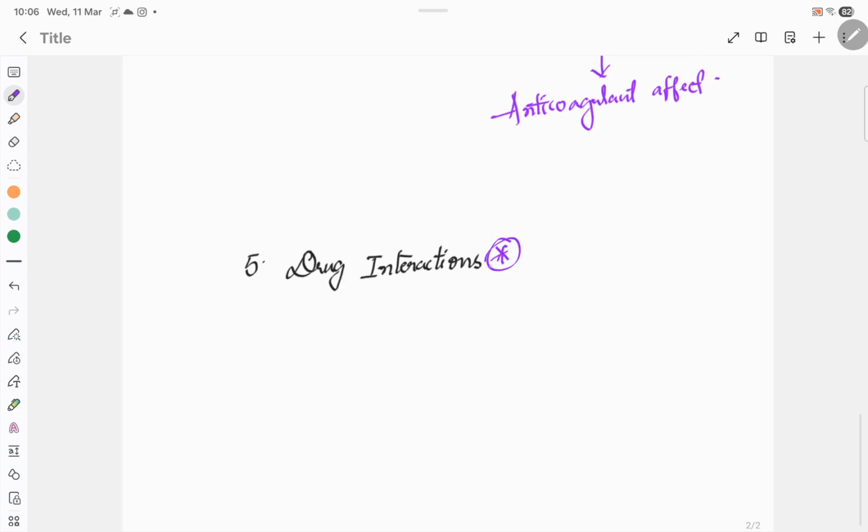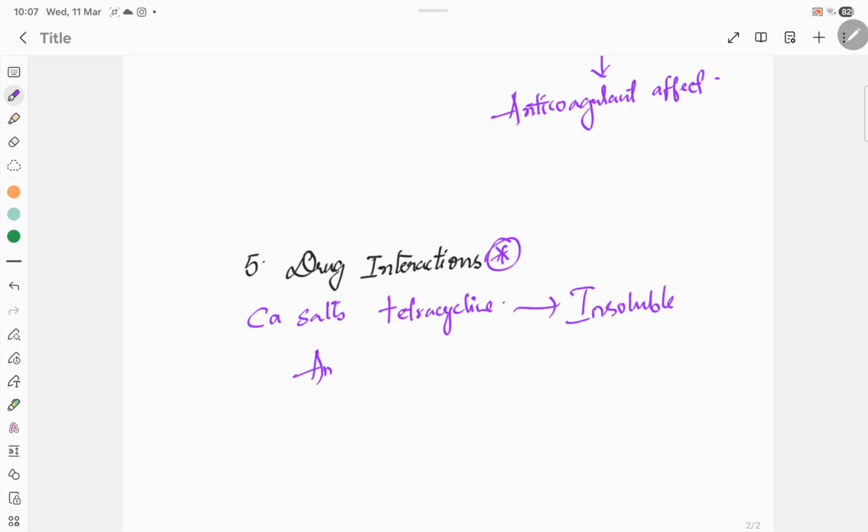And then we have drug interactions. These drug interactions may increase or decrease the drug effect, or completely show a toxic effect. For example, calcium salts along with tetracycline are contraindicated. Calcium salts with tetracycline form insoluble complexes, and because of this the drug becomes less effective.